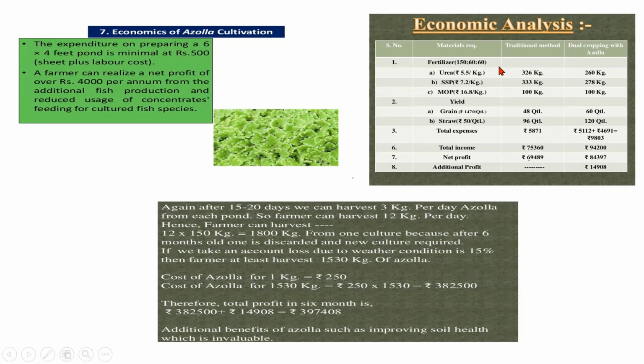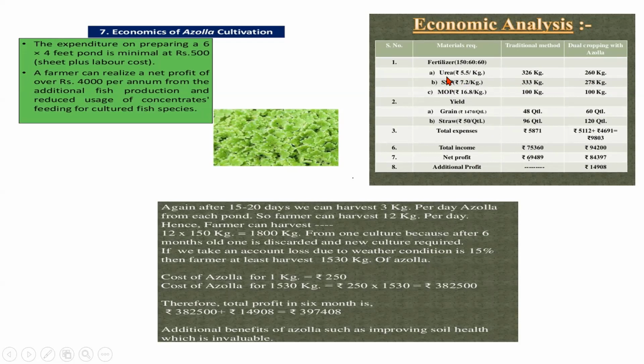Because for any cultivation, you need so much fertilizer. So total expenses for fertilizer: urea 326 kgs. But if you go in for cultivation with azolla, you will require only 260 kgs of urea.